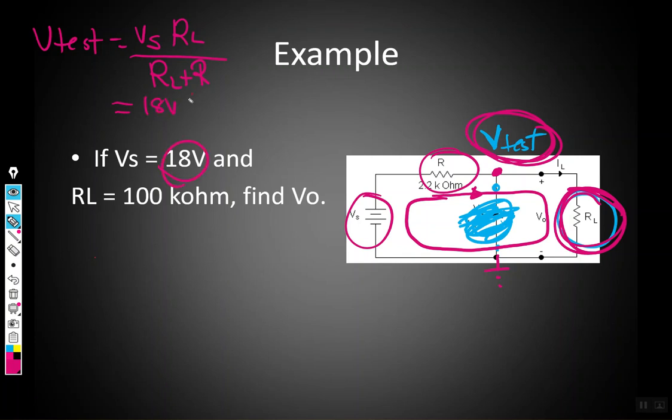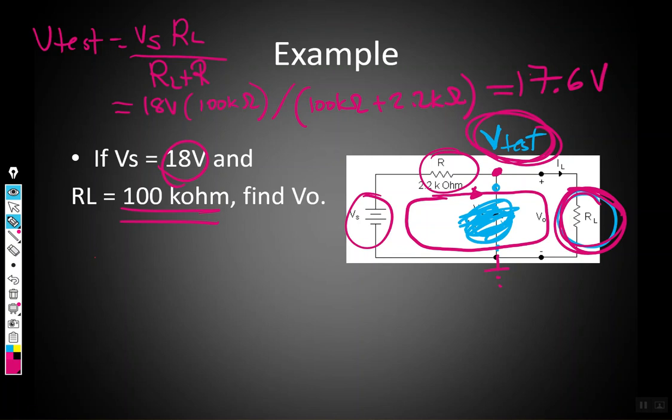So if we sub in our numbers, we've got 18 volts for Vs, so I'm going to get 18 volts times 100 kilo ohms for RL, divided by, now remember to bracket this, 100 kilo ohms plus 2.2 kilo ohms. Okay, and if we work that out, we're going to get 17.6 volts.